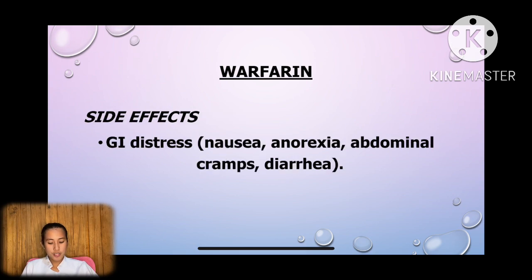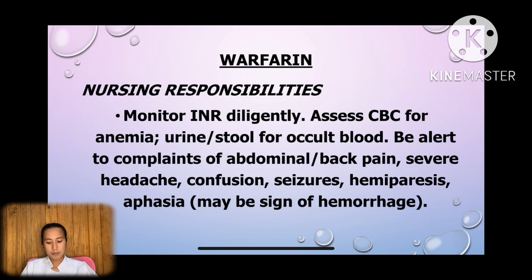Side effects, GI distress, nausea, anorexia, abdominal cramps, and diarrhea. Its nursing responsibilities, monitor INR diligently, as well as CBC for anemia, urine and stool for occult blood, be alert to complaints of abdominal, back pain, severe headache, confusion, seizure, hemiparesis, aphasia, may be signs of hemorrhage.